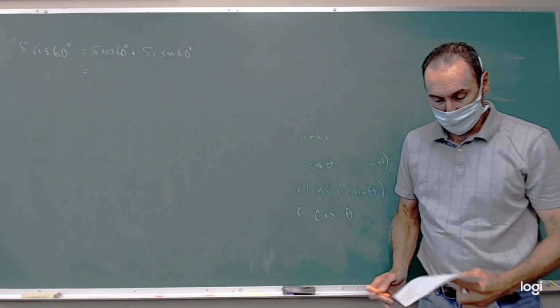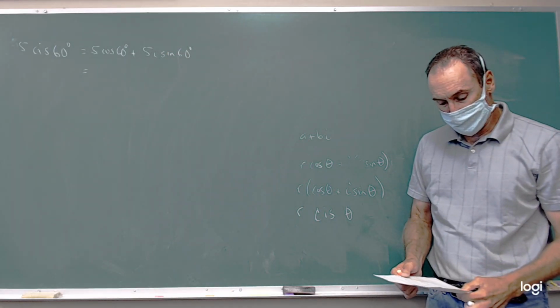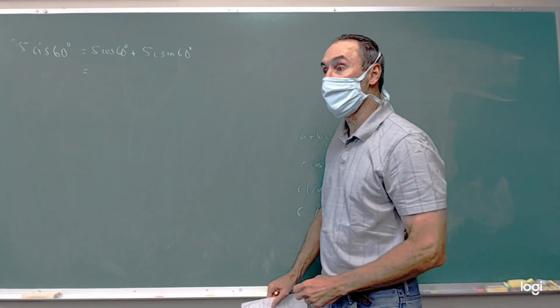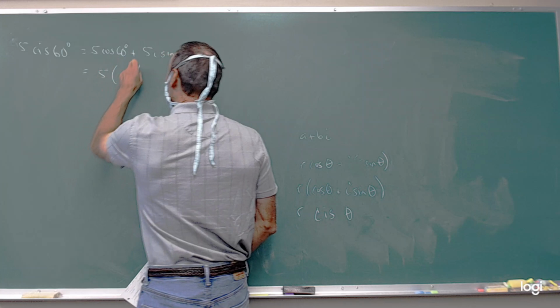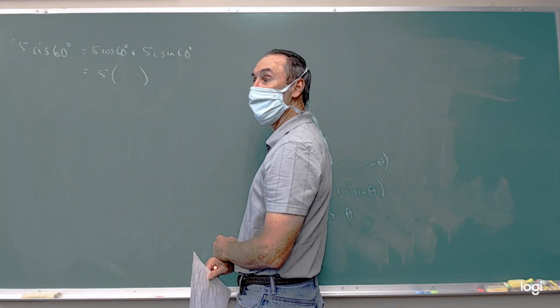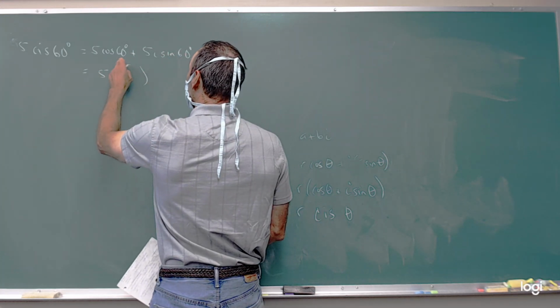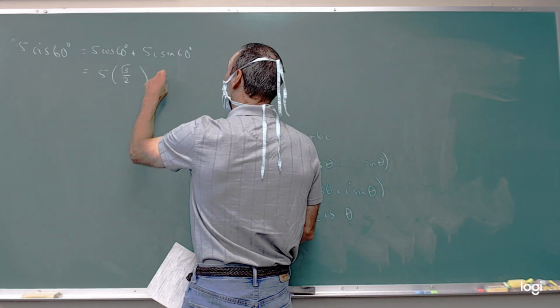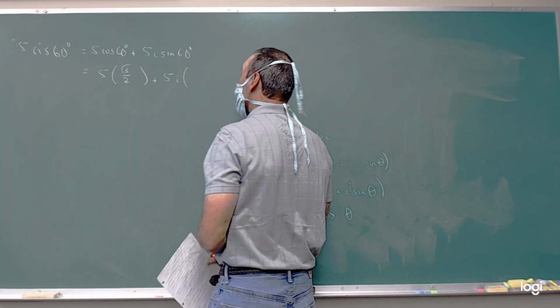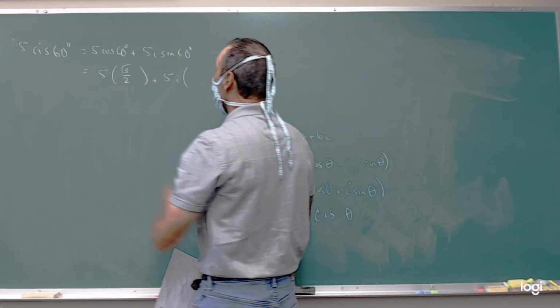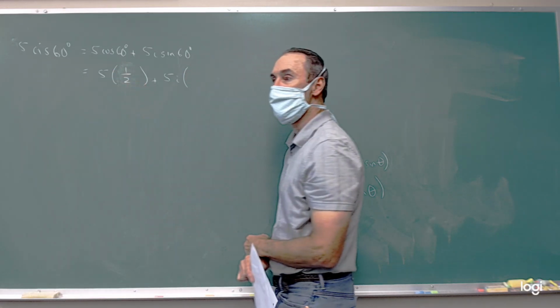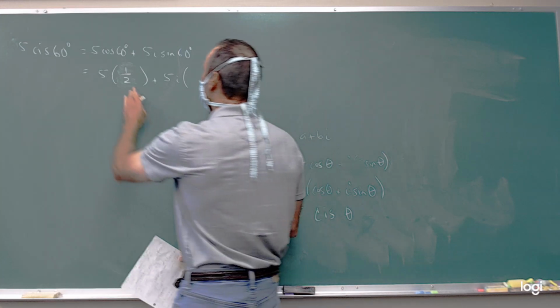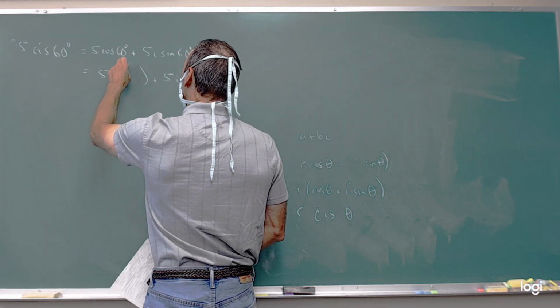Fortunately, if our brains have not turned to jello over the summer, we know the sine of 60 degrees is... oh, very good. And then we're going to get 5i times... that's not right. It should be a half, right? No, I was right the first time. No, cosine is a half.